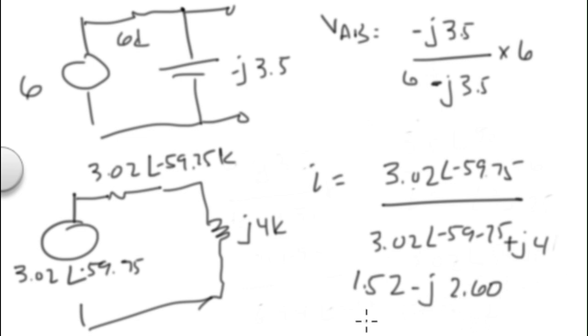So our denominator is 1.52 plus J 1.4, and then our final answer is going to be in milliamps. So basically, R to P this, 1.52 plus J 1.4 equals 2.06. So the answer here in polar is 2.06 at angle 42.64.